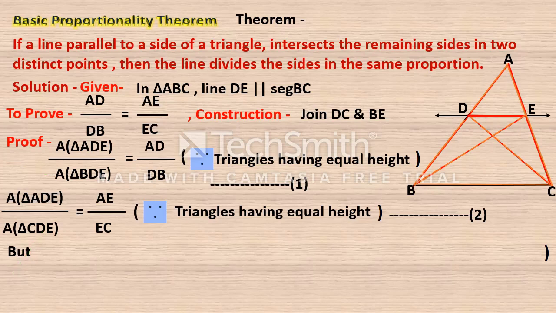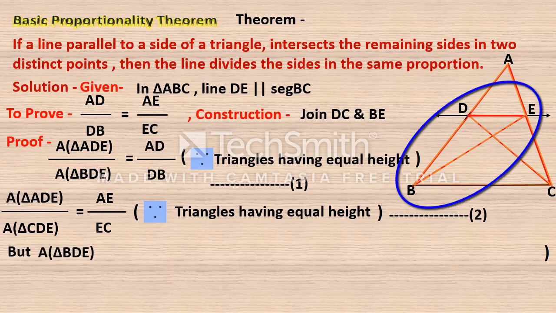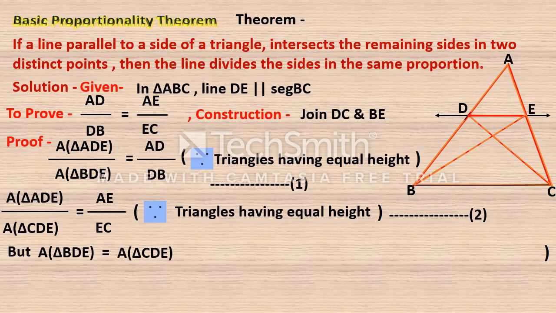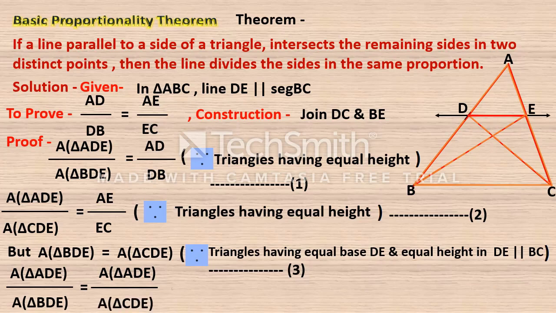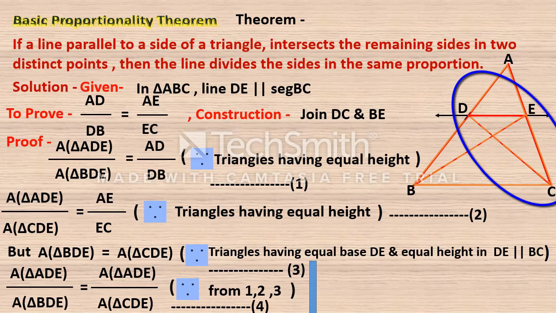First, the denominator of the LHS of the first equation is the area of triangle BDE, which is equal to the denominator of the LHS of the second equation, the area of triangle CDE.